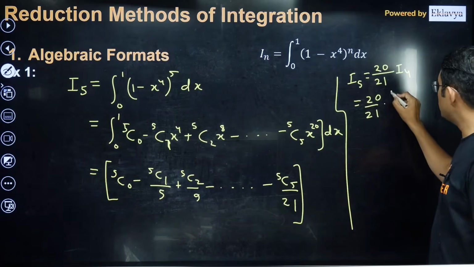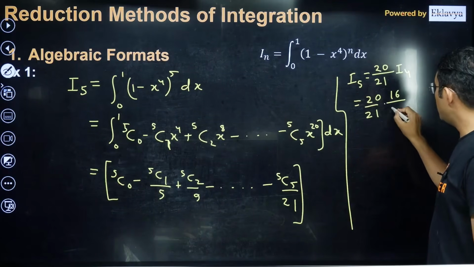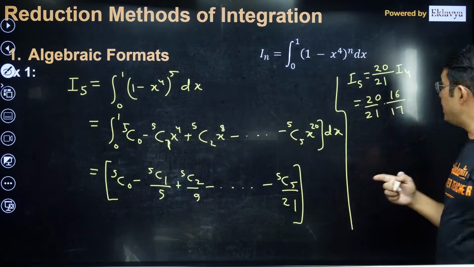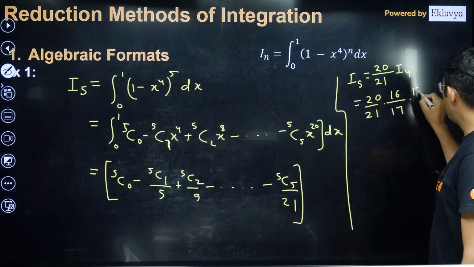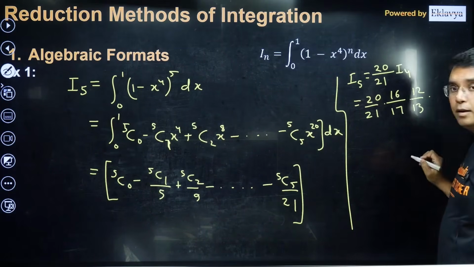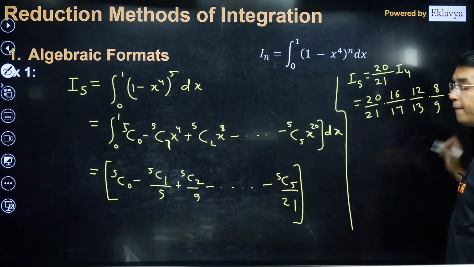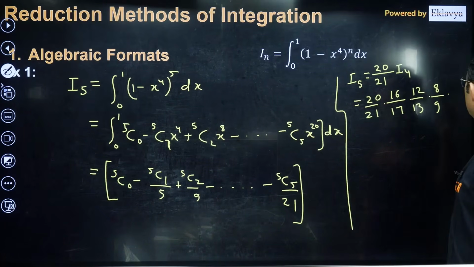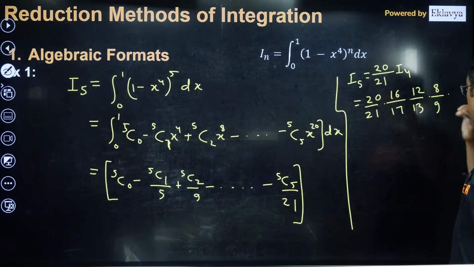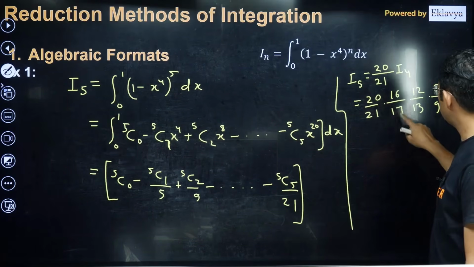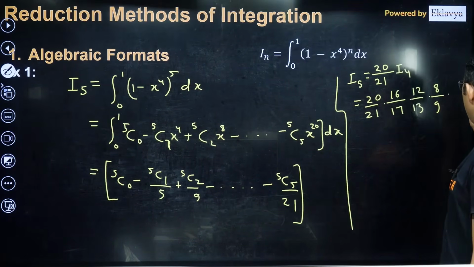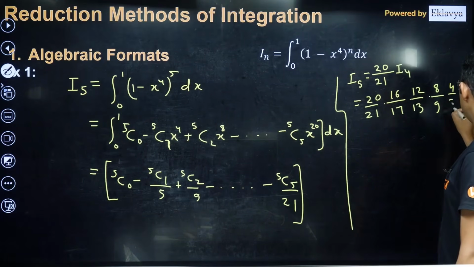It will be 16 upon 17. Once again we can apply for I₃, it will be 12 upon 13. Then for I₂ we can apply, it will be 8 upon 9. Then for I₁ it will be 4 upon 5 into I₀.